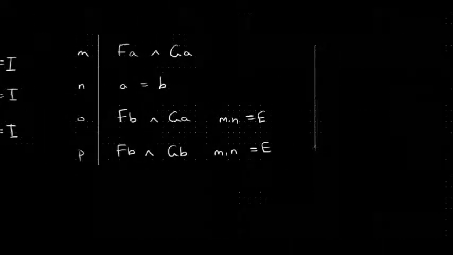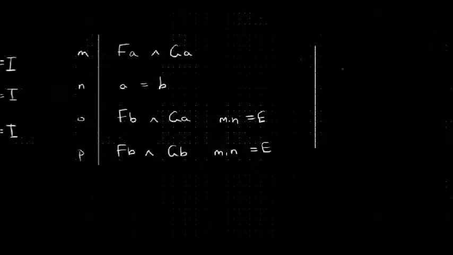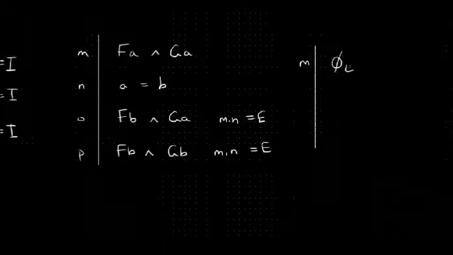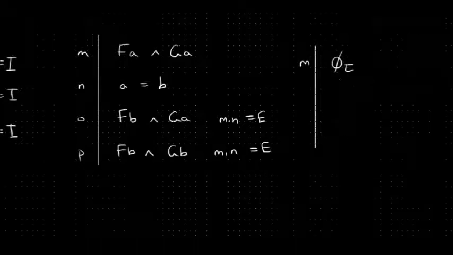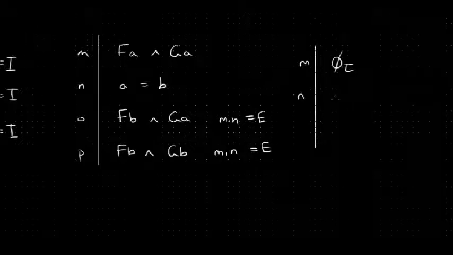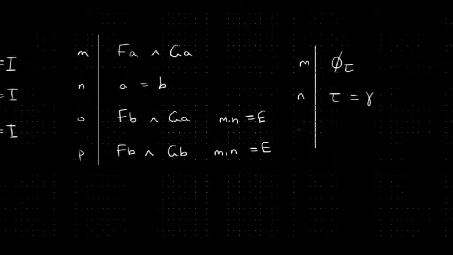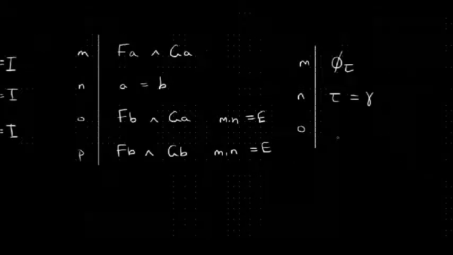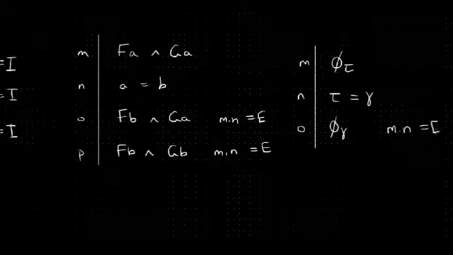If you have on line M some formula phi which has tau as a constant or parameter in that formula, and we know that tau is identical to gamma, then on any line below that we can write phi gamma with an appeal to M, N and the identity elimination rule. And it's just that simple.